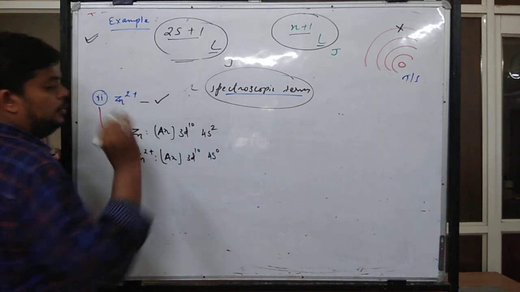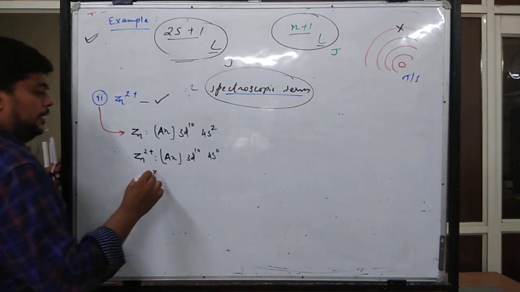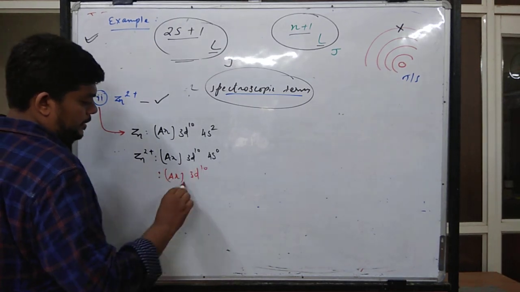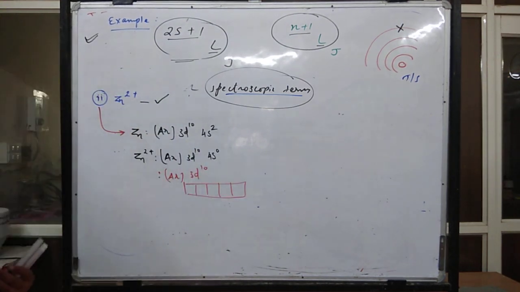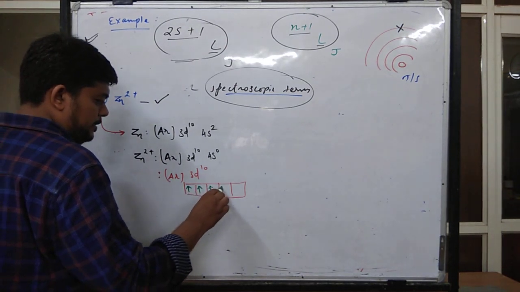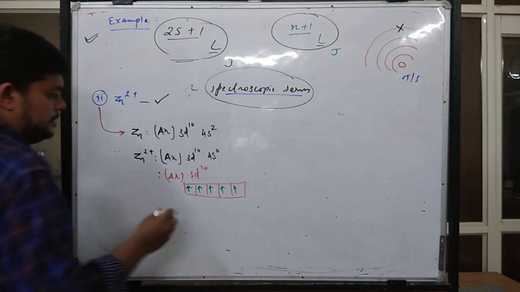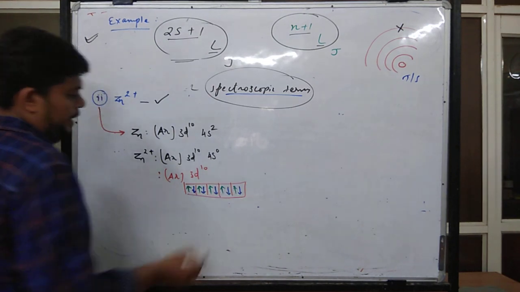3d10 4s0. This is important. So here it is very clear that it will be argon 3d10, and I will be just mentioning these 5 orbitals, each with 2 electrons, and I will just end up with these 5 electrons and the next 5, 10.